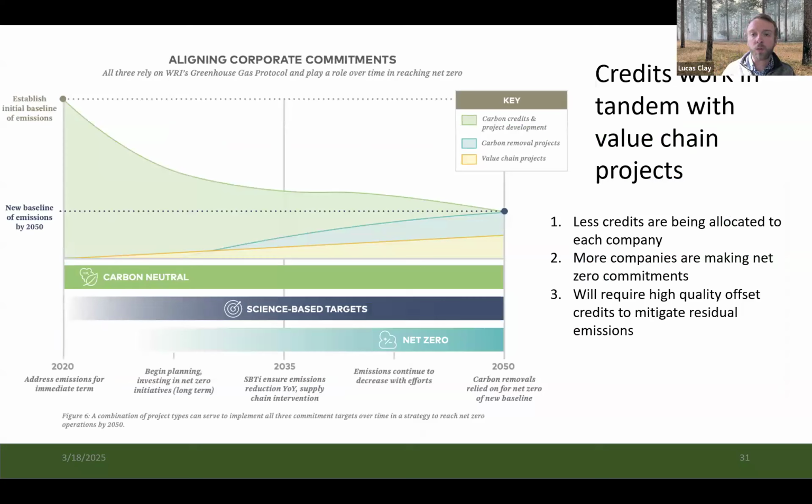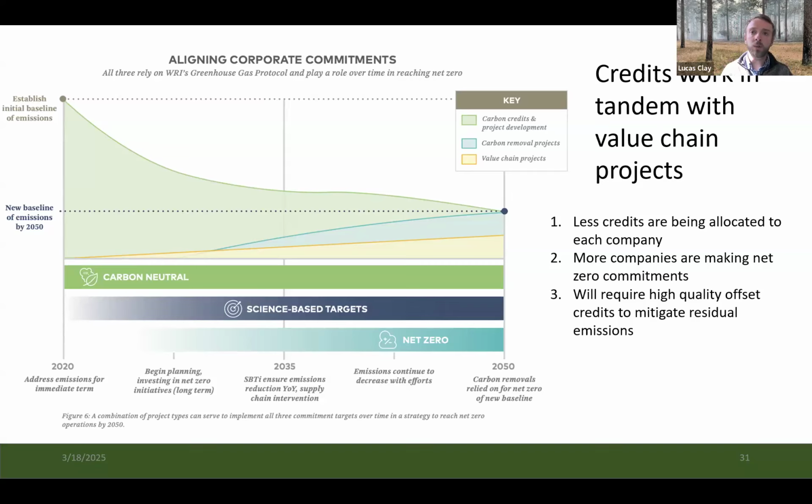So I want to give a little bit of an overview of how these credits work in the voluntary market, especially related to how companies are achieving their net zero and carbon neutrality goals. And if we look at it from a timeline perspective, these offset and carbon credits really work in tandem with value chain projects. There's been a lot of pushback in recent years that has said, well, if you're a company that's purchasing carbon credits, you must not be doing anything else for the environment.